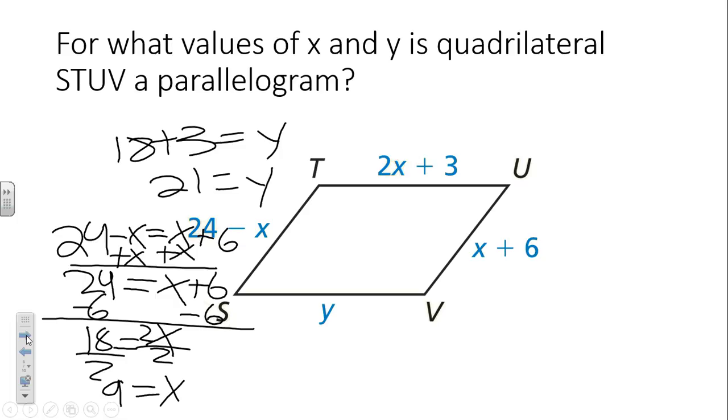Very good. So once we found out what x was, then we plug it back in for x and set it equal to y, because y is the opposite side of the 2x plus 3. All right, so we can do these, right? Okay. They're not hard. It's going to be hard when we try to keep it all straight, once we have more figures, more quadrilaterals to work with.